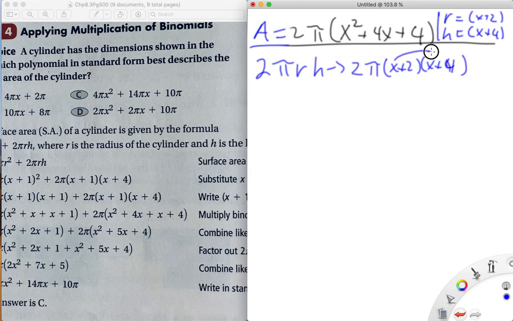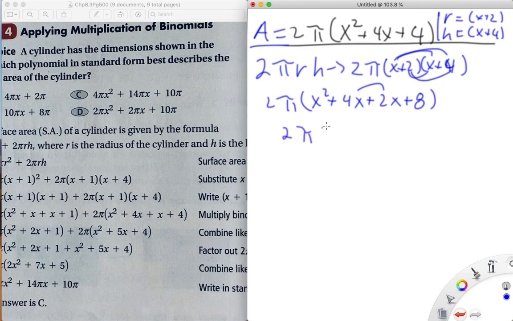Again, FOIL: x times x is x squared. Outside, x times 4 is 4x. Inner, 2 times x is 2x. Last, 2 times 4 is 8. Combine like terms, and I have 2 pi times x squared plus 6x plus 8. So that's the 2 pi r h.